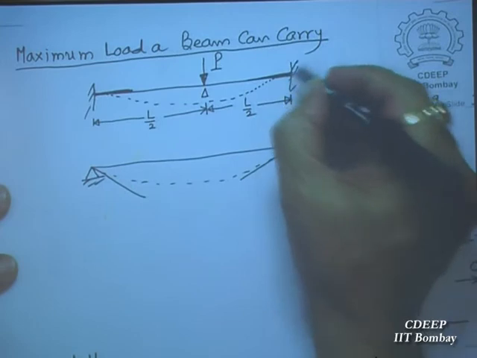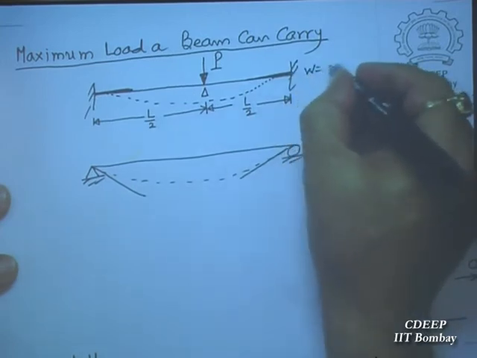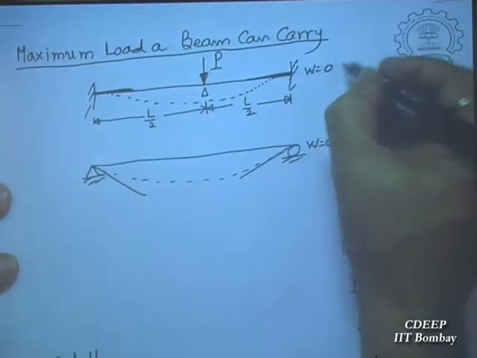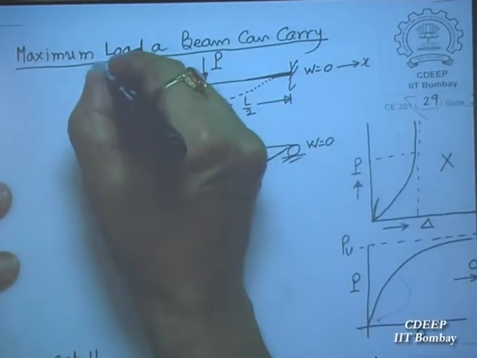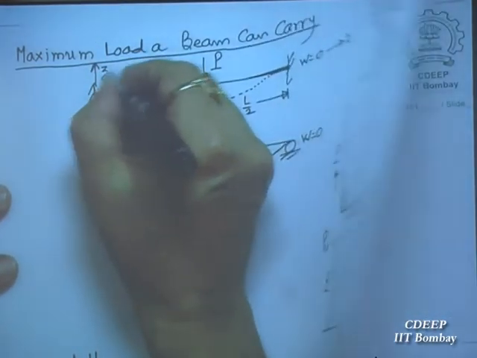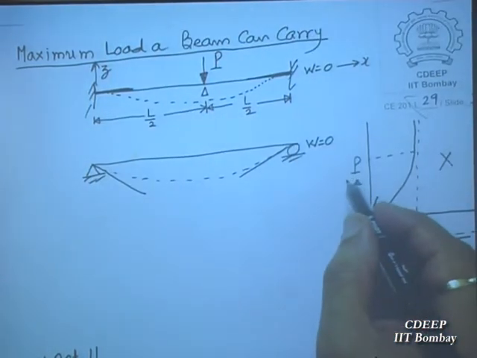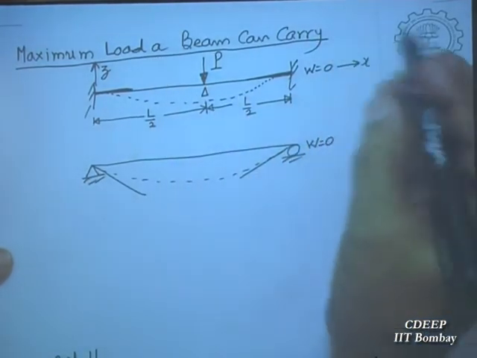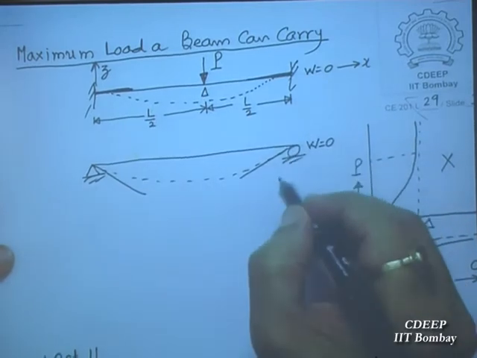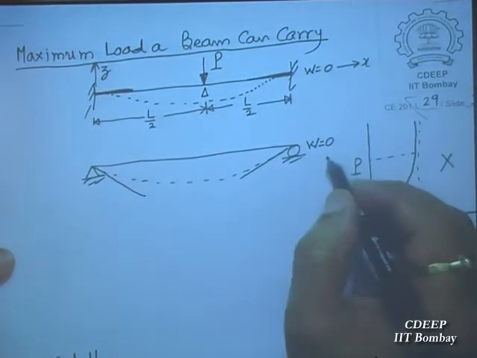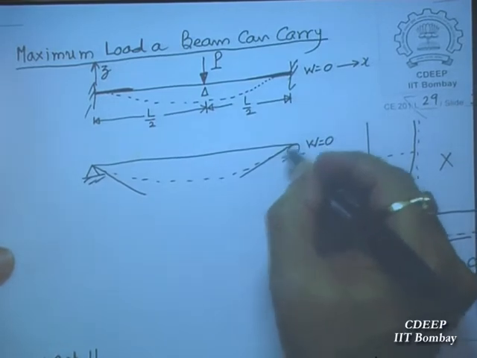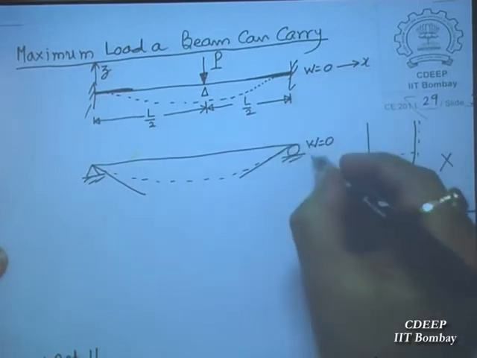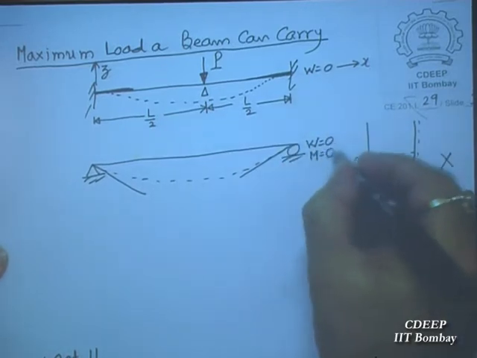What is the boundary condition here? W is 0. Here also W is 0. W means transverse displacement. If this is the x direction and this is the z direction, let us say displacement in the z direction is W. So W is 0, and what else is 0 here? Nothing else, I think. Here I will say moment is 0, because there is no physical moment here.